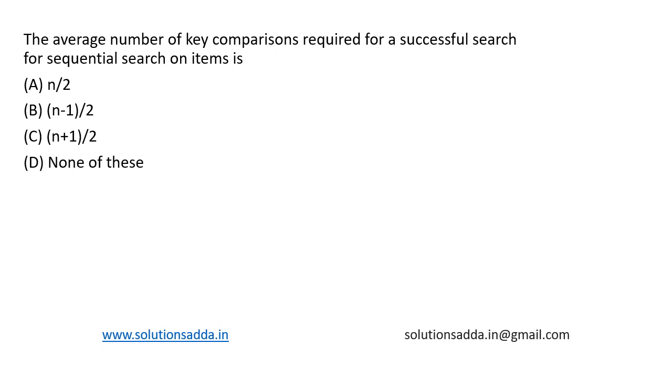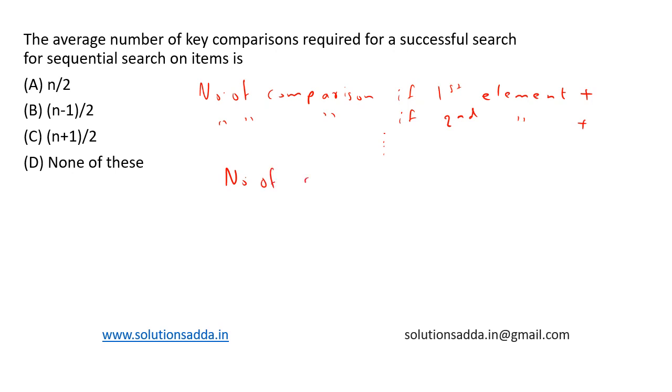It is equal to number of comparisons on first element, that is number of comparisons if first element, plus number of comparisons if it is second element, plus etc., number of comparisons if nth element.